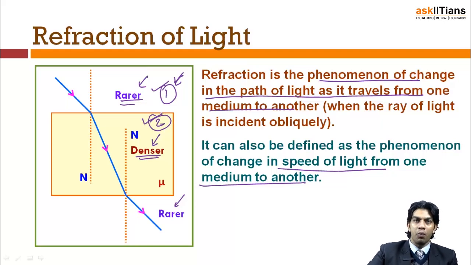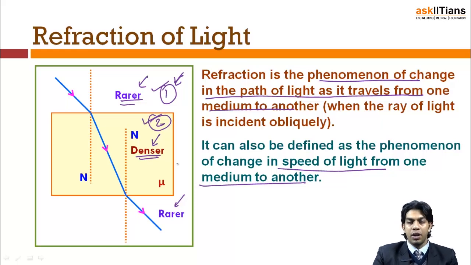Depending upon which medium is across that surface, you might be called rarer or you might be called denser. Denser is where the speed of the light is smaller than the speed of the light in the medium on the other side of the surface. So based simply on the speed of the light in the medium, one is called denser and another is called rarer.